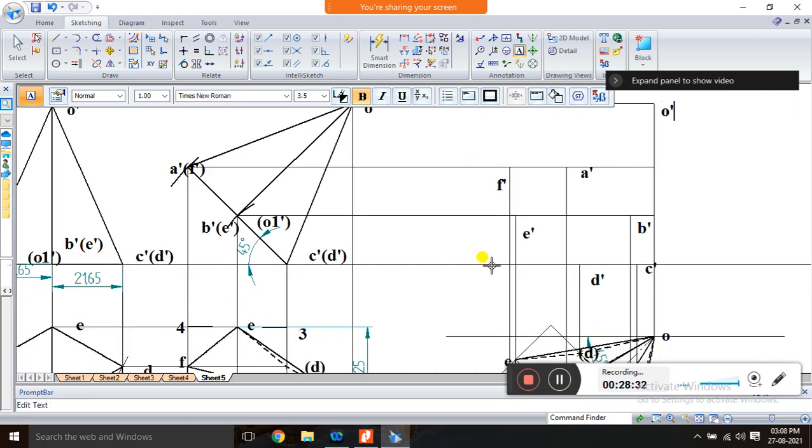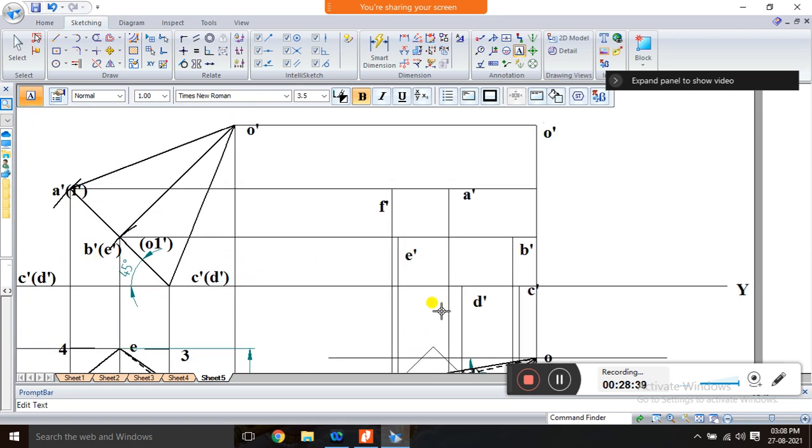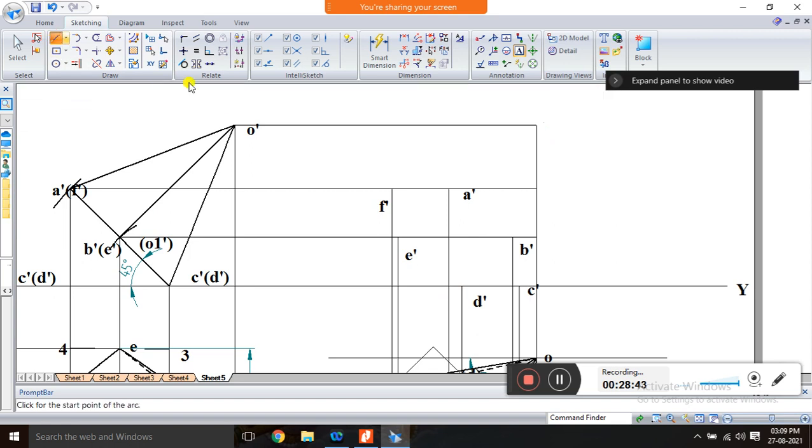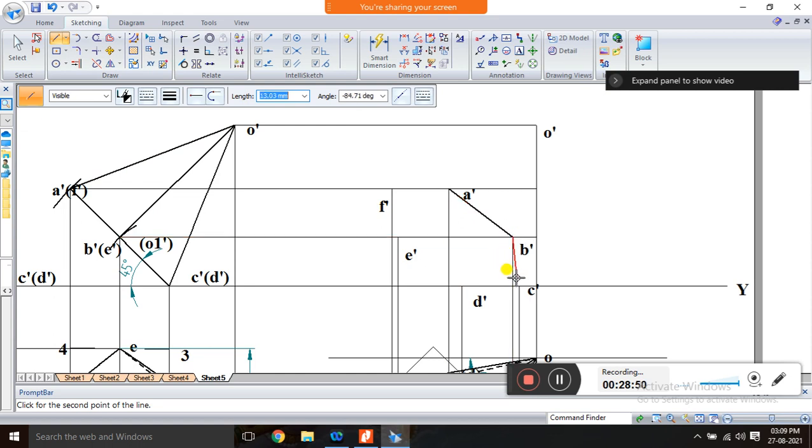So if you see from the front, this bottom face is visible, A, B, C, D, E, F is visible. So first draw this A, B, C, D, E, F. It's a visible one. So first draw visible edges. So this face is visible, and F dash to O is visible.